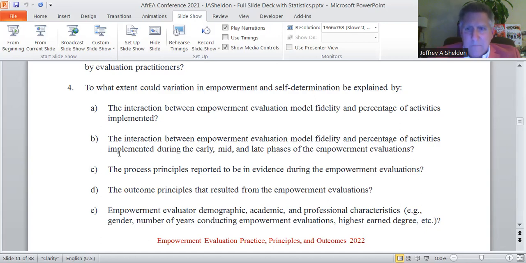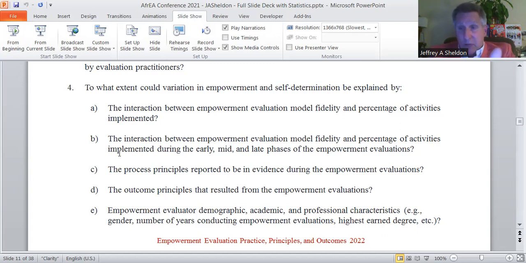Empowerment evaluation, or any evaluation, is on a continuum from a start, a middle, and an end. So you're going to look at the steps in the beginning of the study, the steps in the middle, and the steps at the end.